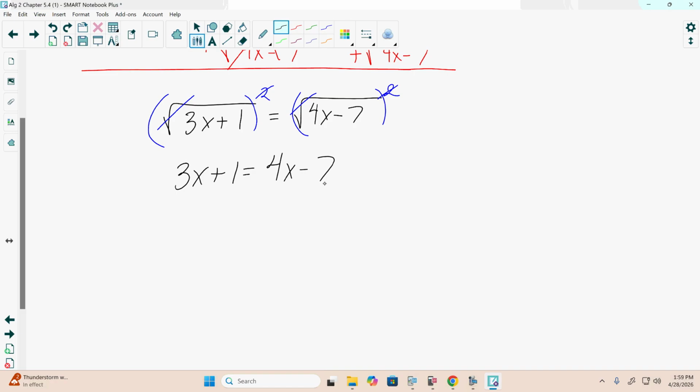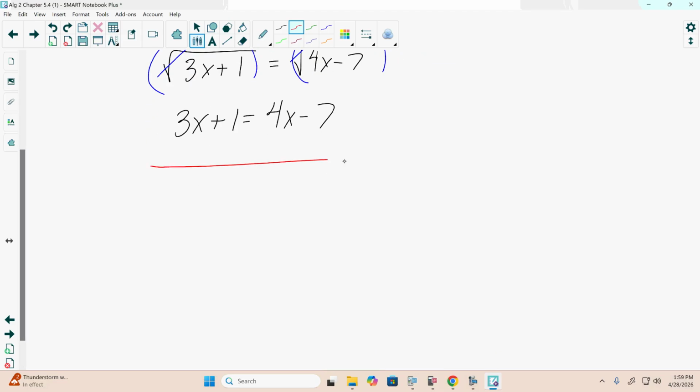What do we want to do first? 3x minus 3x would be 0, telling us 1 is equal to x minus 7. Then what do we do? Plus 7, add 7, telling us x is equal to.